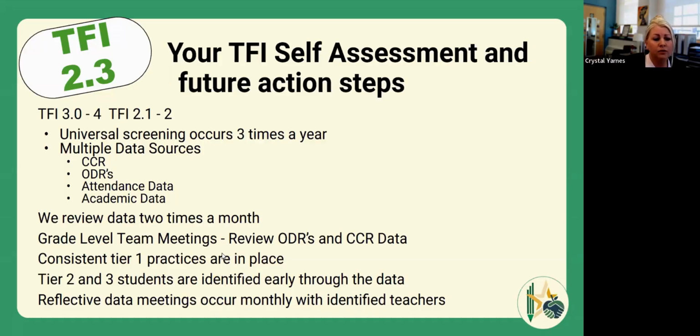So a lot of times, we're using this data to be able to identify our tier 2 and tier 3 students. Very seldom do we identify students through our RFA process, and that's because our data coming analyzed and ready to go helps us to be able to do that. Like I said, we have our reflective data meetings with our identified teachers each month as well, and that happens throughout the year.